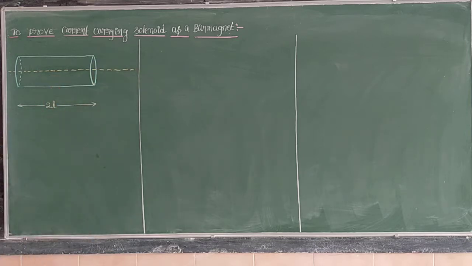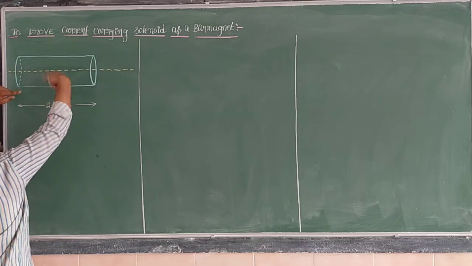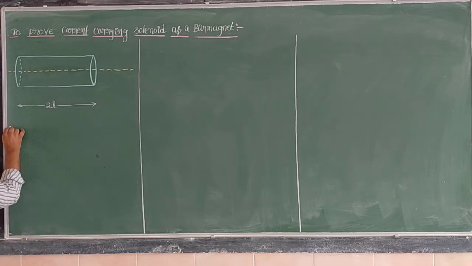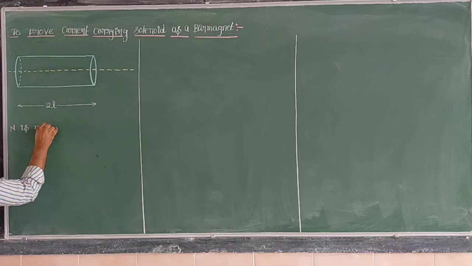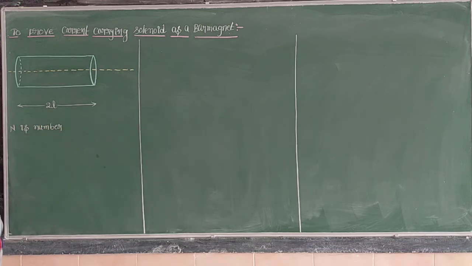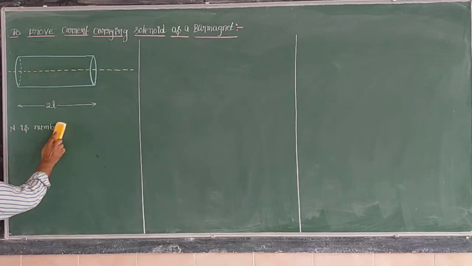On this solenoid there are some number of turns of winding like this, which I am not representing here. Capital N is the number of turns, the total number of turns.